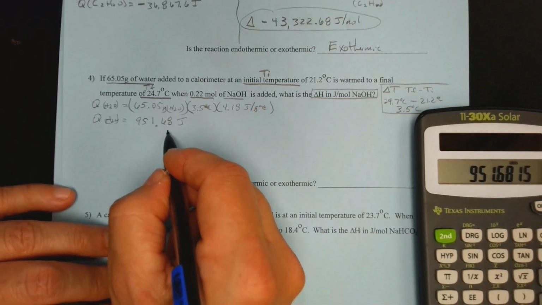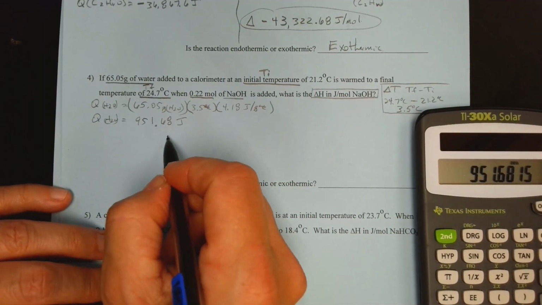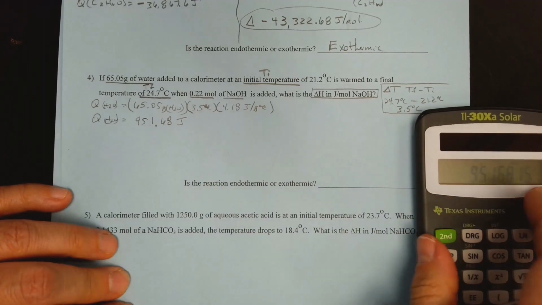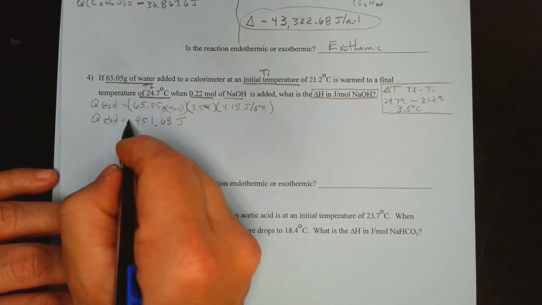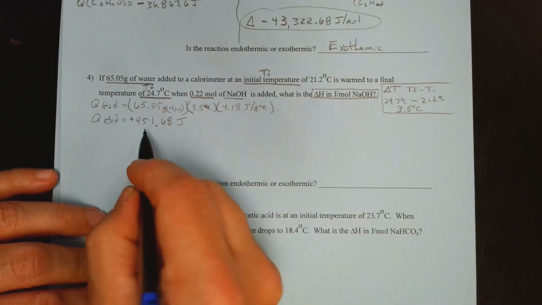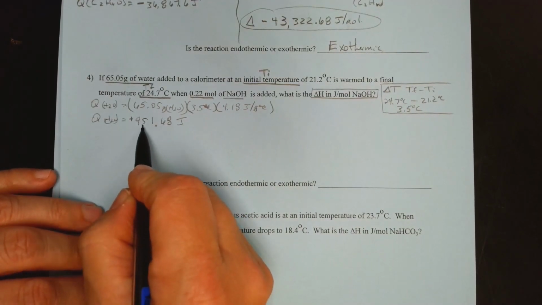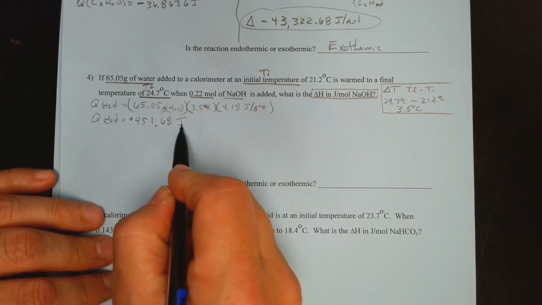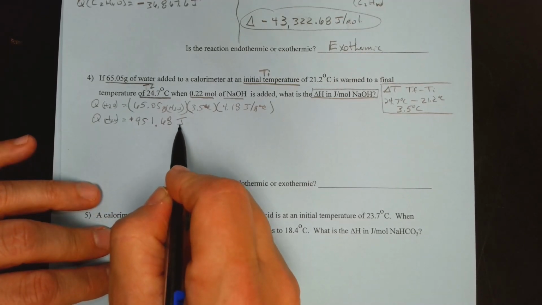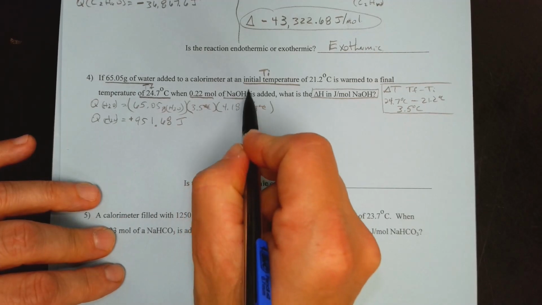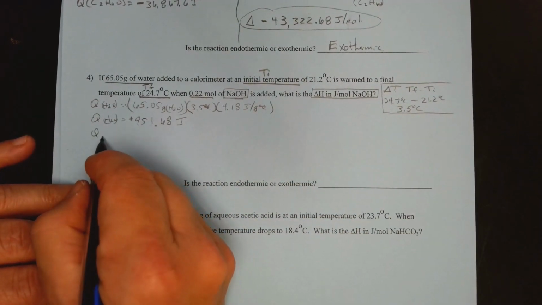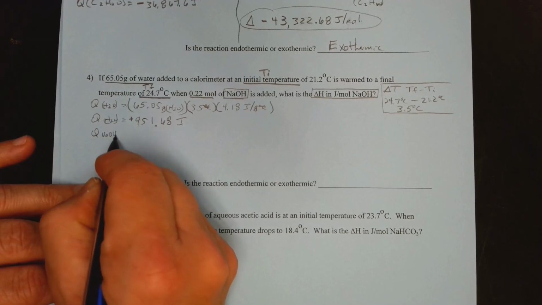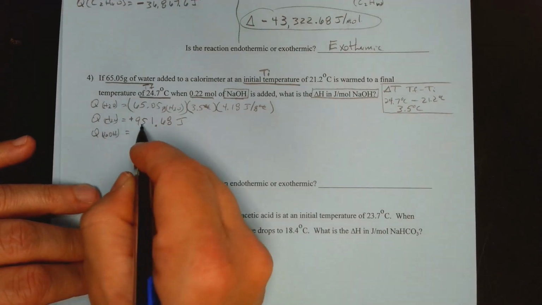And again, that is a unit of energy, is joules. Now again, you guys, this is my Q for water, but remember, what that means is that, and this is a positive number, it means my water is gaining 951.68 joules of energy, and specifically it's gaining that energy from my sodium hydroxide. So that means my Q for sodium hydroxide, so NaOH, has to be the opposite of this.